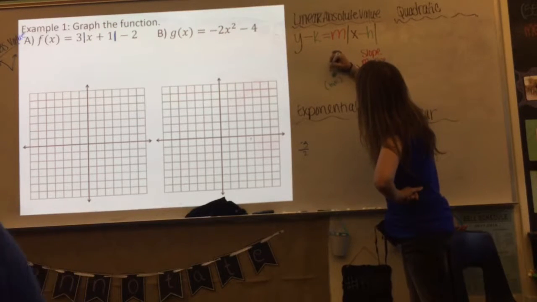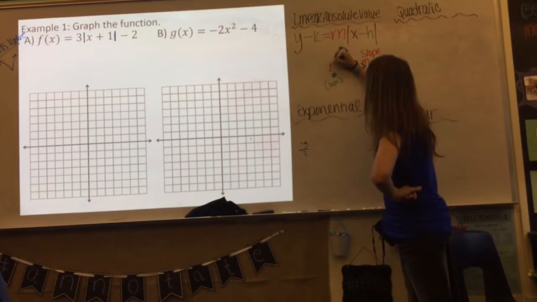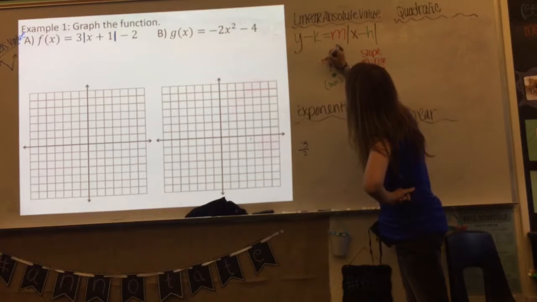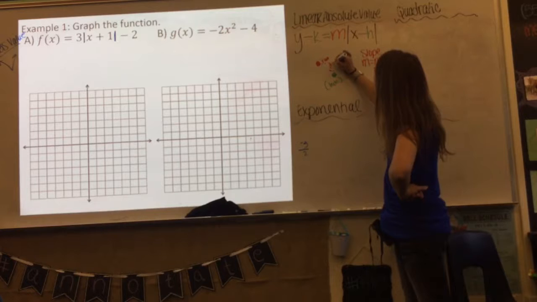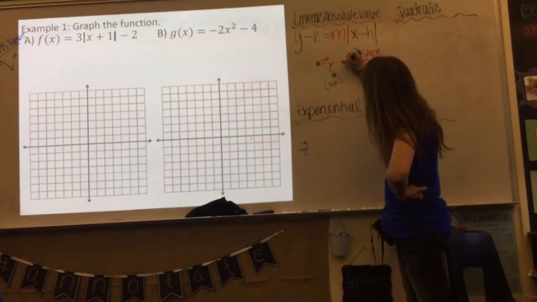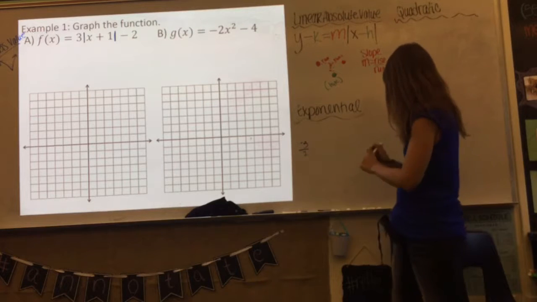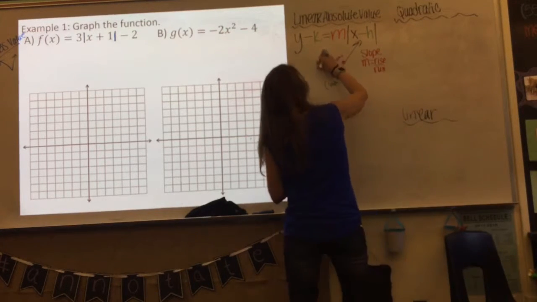Which direction should we run? To the left? That gives me one part. What else do I do? To the right. And then we draw what kind of shape again? A V shape.